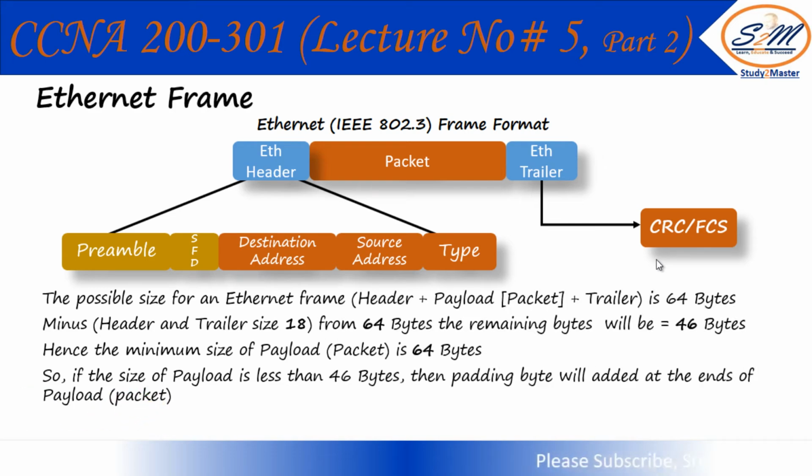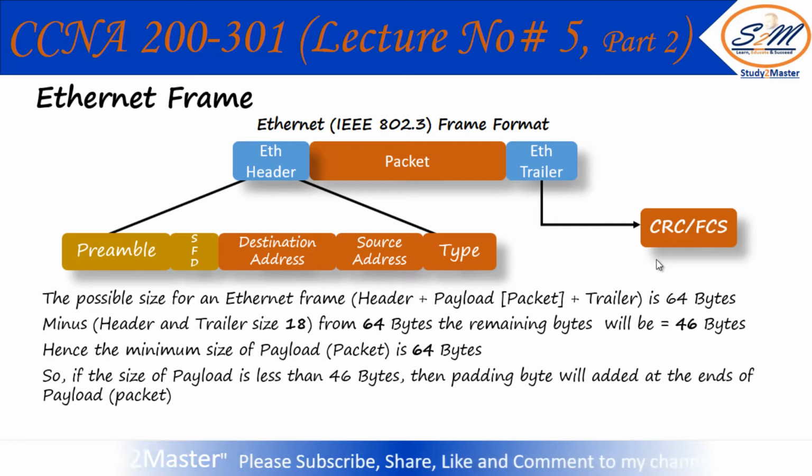The possible minimum size for an Ethernet frame, header plus payload plus trailer, is equal to 64 bytes. Minus the header and trailer size, which is equal to 18 bytes, from 64 bytes, the remaining will be equal to 46 bytes. Hence, the minimum size of payload is equal to 46 bytes.